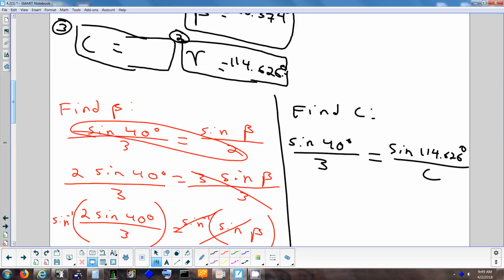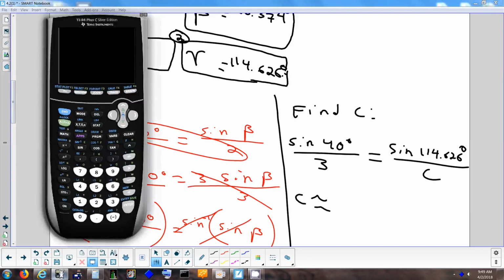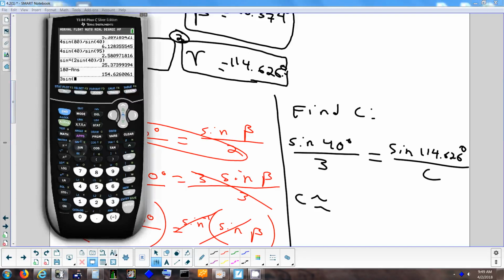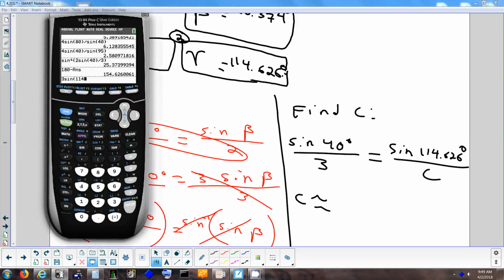So, whatever we get here, I'll kind of explain to you what I would accept on the test. But if you're going to 3, we should both be pretty accurate. All right, so I need 3 sine 114.626, and divide by sine 40.